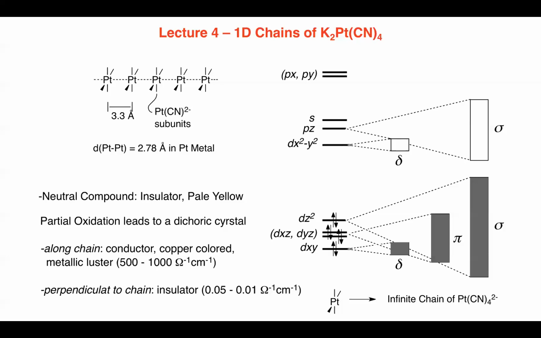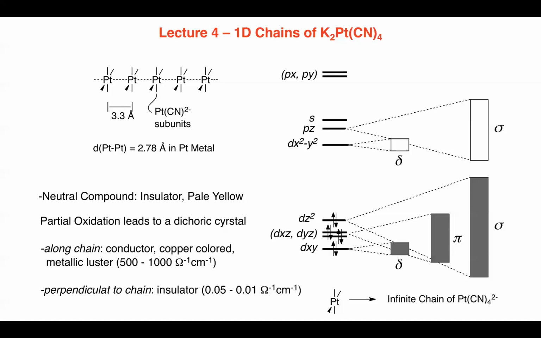So there's not a very strong interaction in the pure salt. It's 0.6 angstroms, or half an angstrom, longer than in platinum metal, and those distances are probably within van der Waals contact, but there's not a strong bond there.